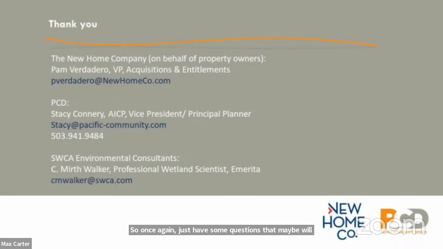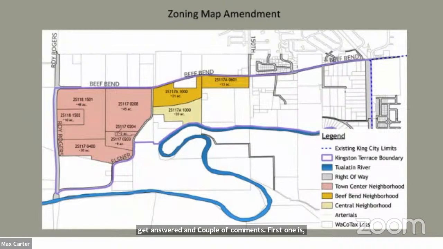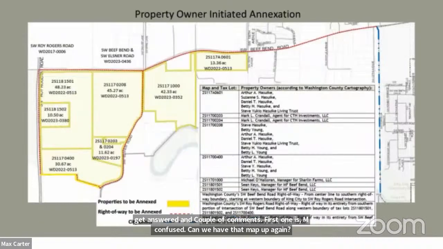First one is, I'm a little confused. Can we have that map up again? On that one. The annexation of the roadway between 137th and 150th. Is my understanding that you're annexing the right-of-way or you're annexing the underlying property of the roadway?